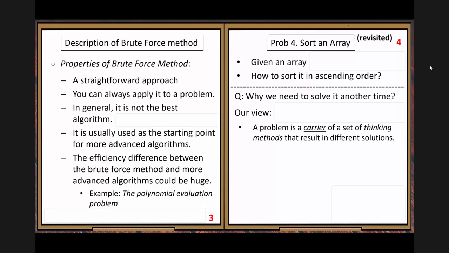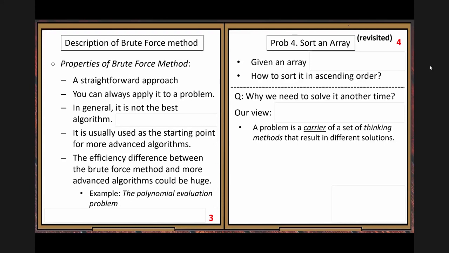This is a computing problem, right? Sorting a given array. This problem has several solutions. Each solution has a different idea, a different problem-solving thinking method.